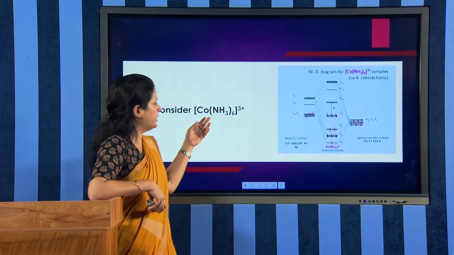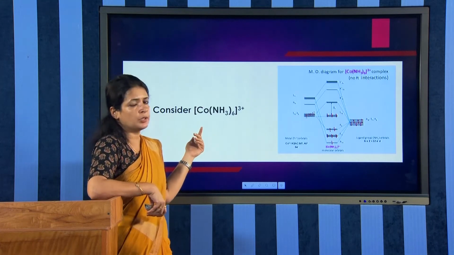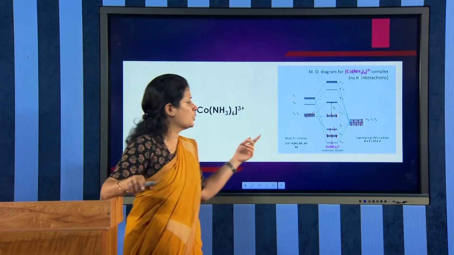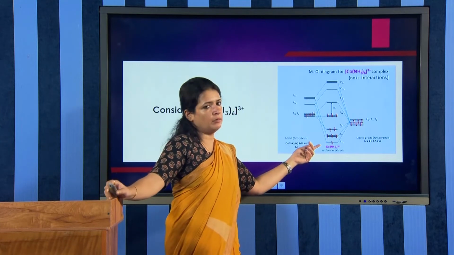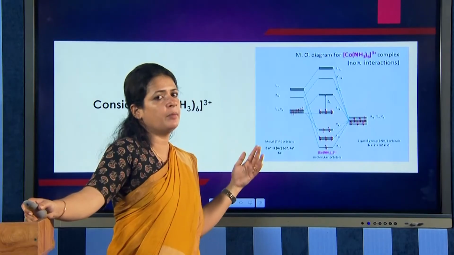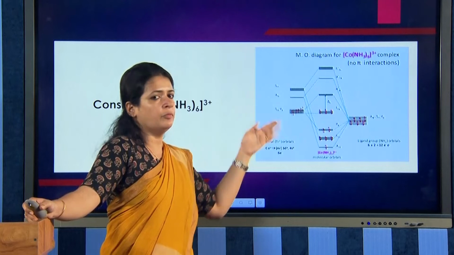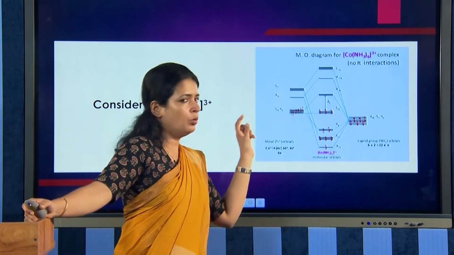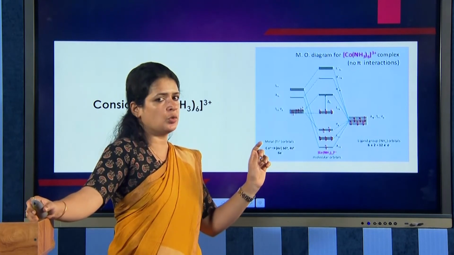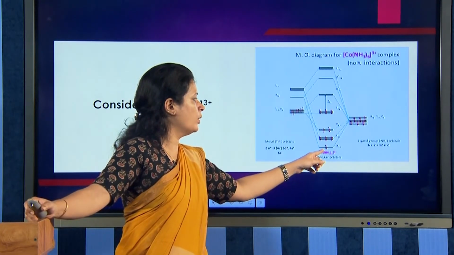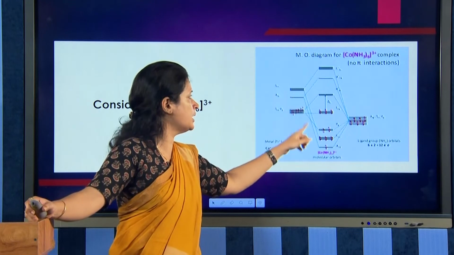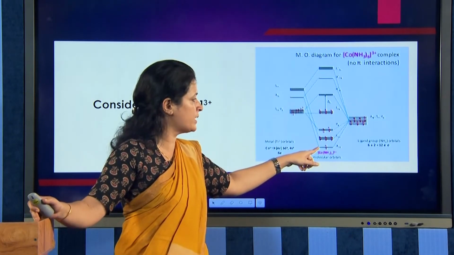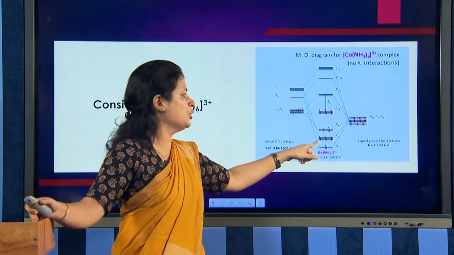We have calculated the number of electrons in the complex, and it is 18 electrons. How do we fill the 18 electrons? Hund's rule of maximum multiplicity, the Aufbau principle, etc. should be followed here also. Each orbital will have a maximum of 2 electrons. The lowest energy A1G will have 2 electrons.